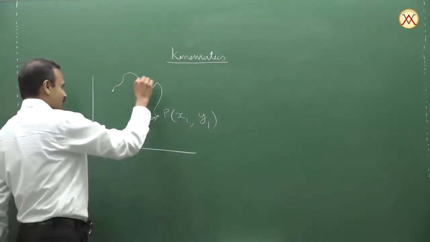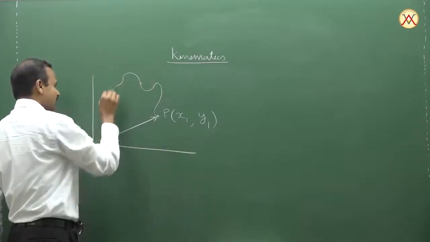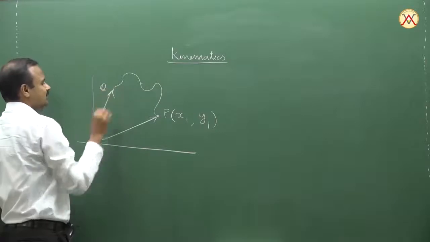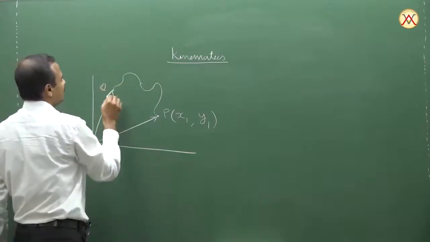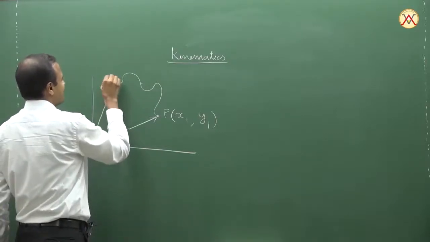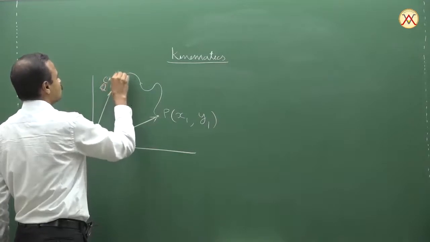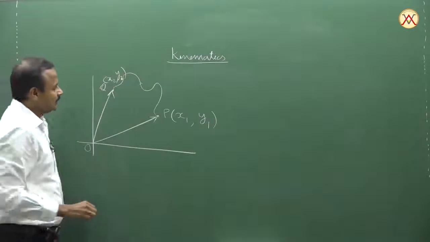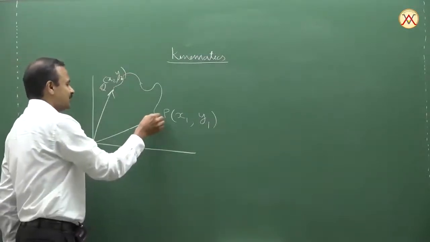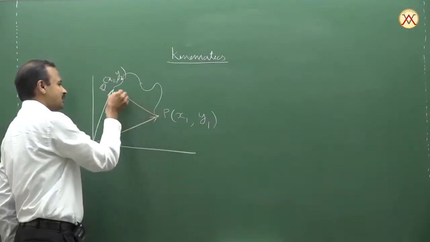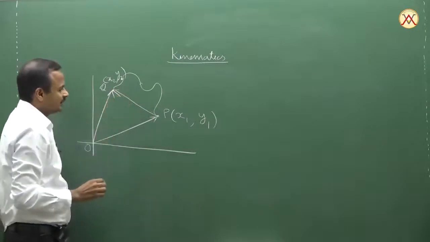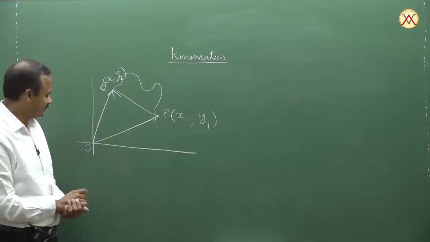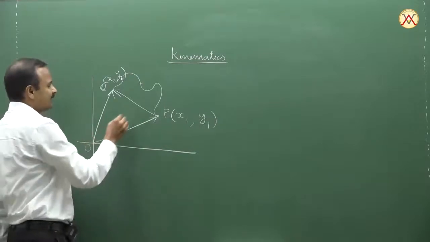After some time, the particle is found to be at point Q. Position vector of Q is this. Point Q has coordinates x2, y2. So the displacement is given by this vector. This we have already studied in vectors. So position vector and the displacement vector.